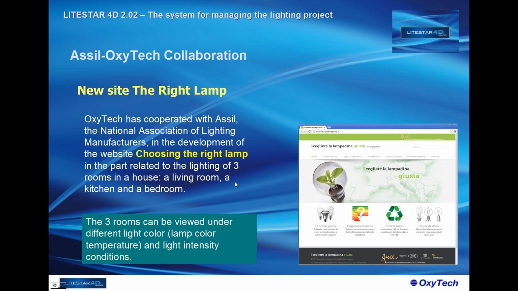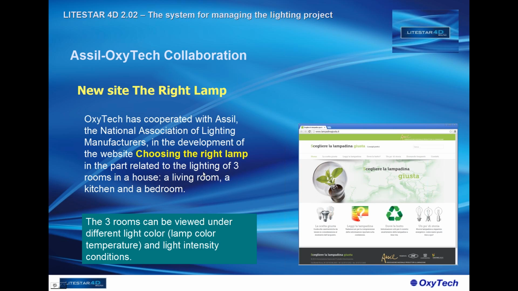During the past 2-3 months, we had a strong cooperation with ASIL, which is the Italian Association of the Manufacturers of Luminaires and Lamps, and we developed together a section of the new website about choosing the right lamp, where we developed some lighting simulations of 3 rooms in a house: a living room, a kitchen, and a bedroom.